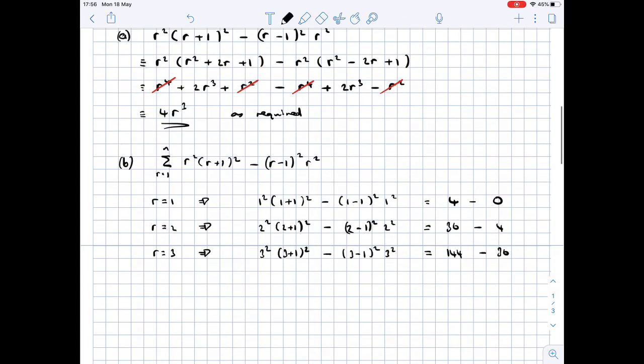You may now start to spot the pattern. As we move further down, we can think, what if we go to the nth term? Therefore we're left with n squared, n plus 1 squared, minus n minus 1 squared, n squared, which is equal to the same thing.